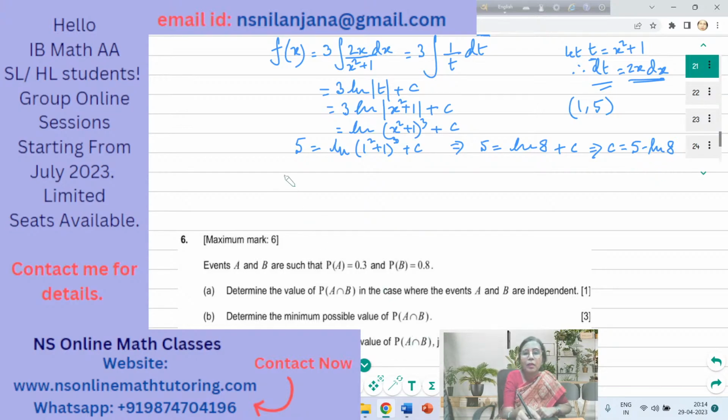Okay? So now we will be just substituting this value of c in the function expression. Let me leave a line.